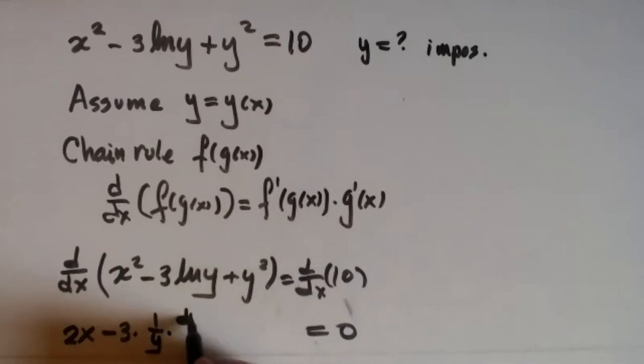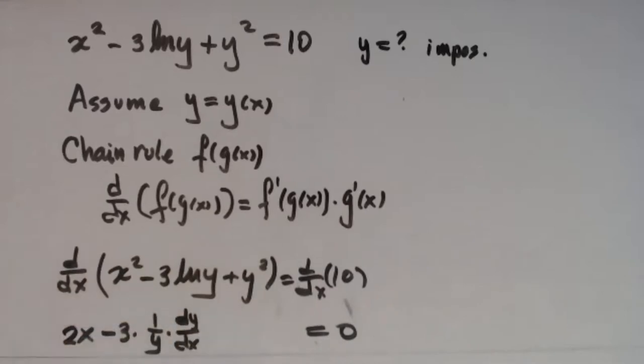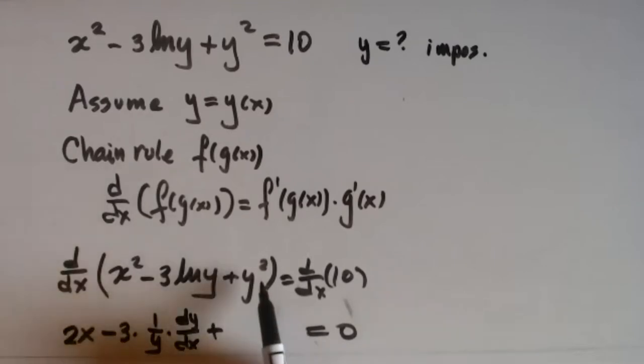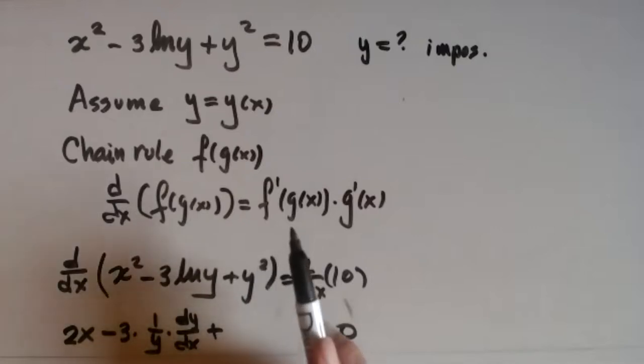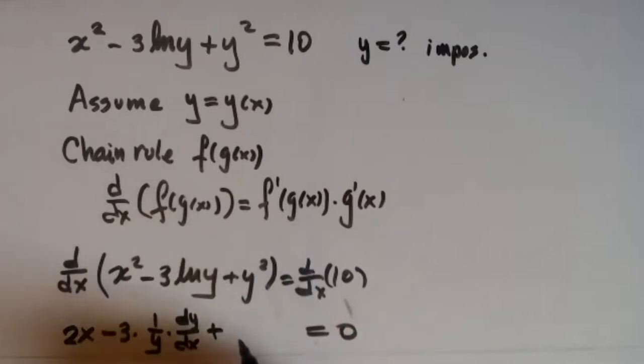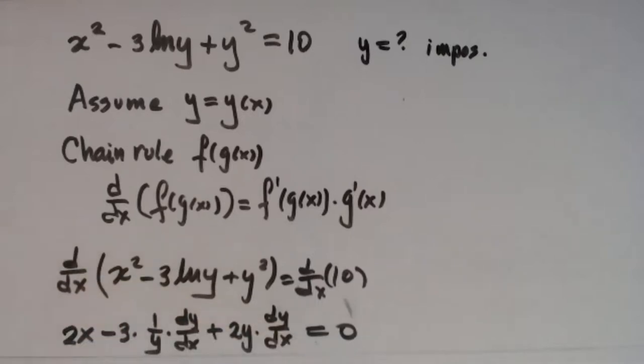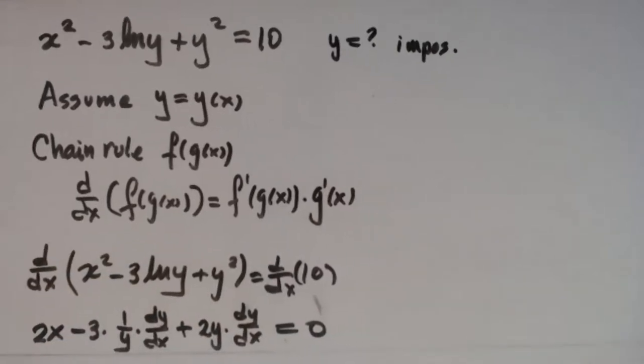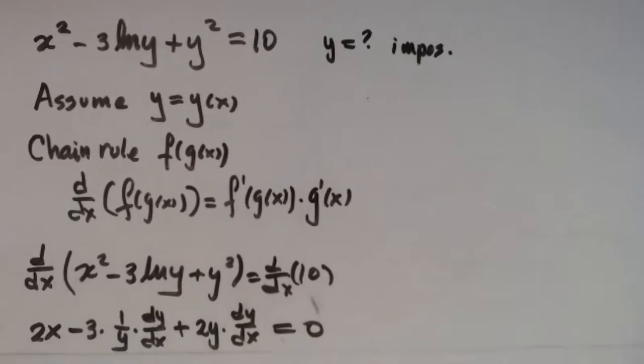So we write dy/dx. Plus y squared. Again, I have to get the derivative of the square. Well, it's the derivative of the square, 2y, times the derivative of the function that is inside the square, dy/dx. Okay? So the calculus is over.